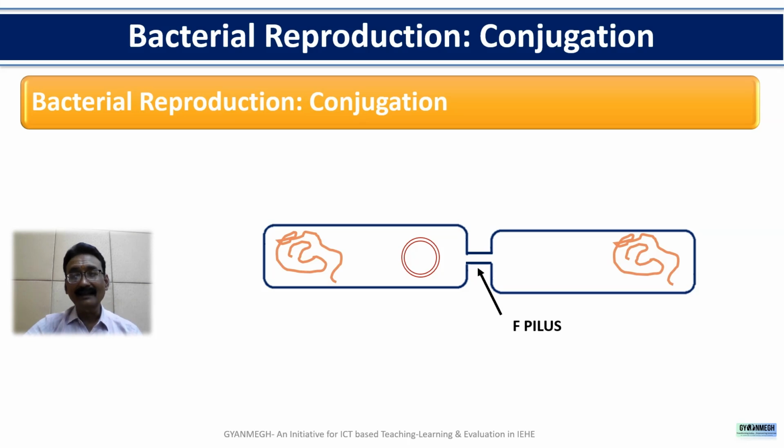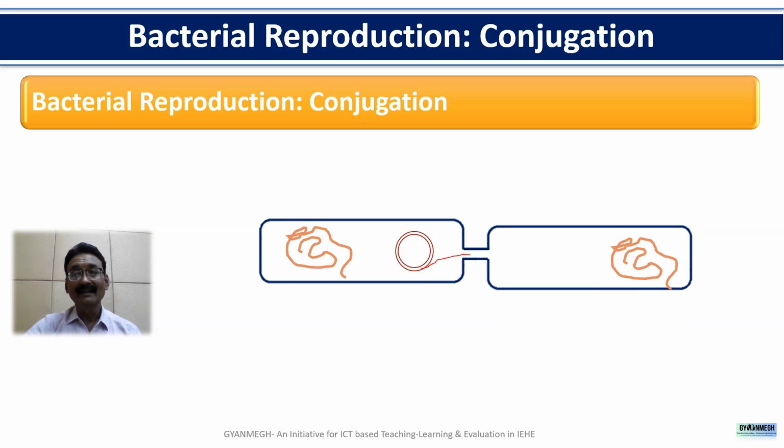The F factor encodes a set of proteins that form a complex machinery responsible for DNA transfer. This machinery includes proteins that facilitate the opening of a small area of the donor cell's DNA, forming a single-stranded DNA molecule.